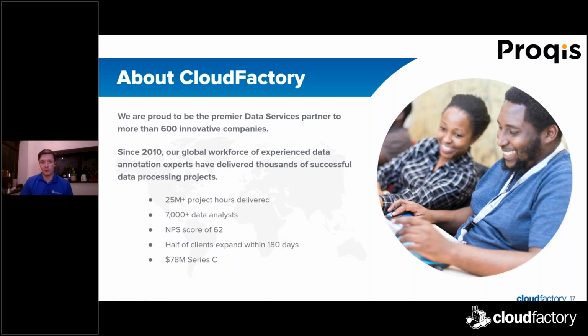This is very much reflected in our NPS score. 62 is actually pretty high for any kind of tech company that exists. And most customers are expanding with us within the first 6 months because of the work that we do. We also have a sister organization that focuses on data labeling platforms, building out machine learning models as well. So loads of really interesting stuff that we do within this space.